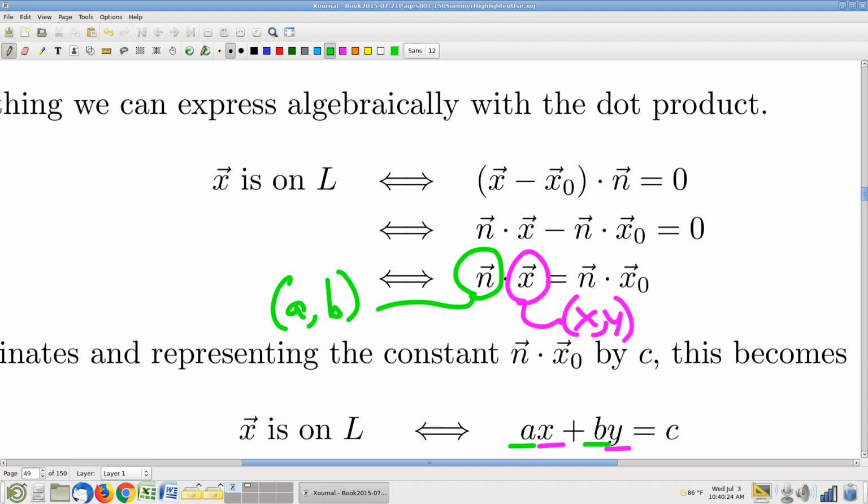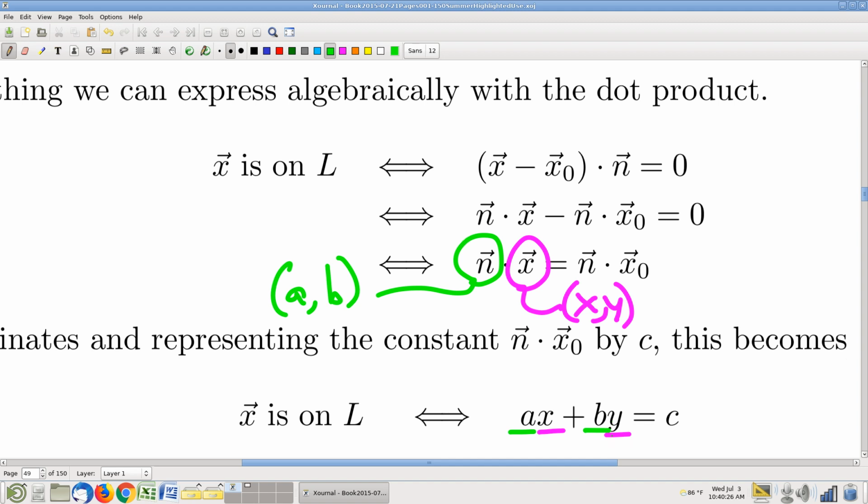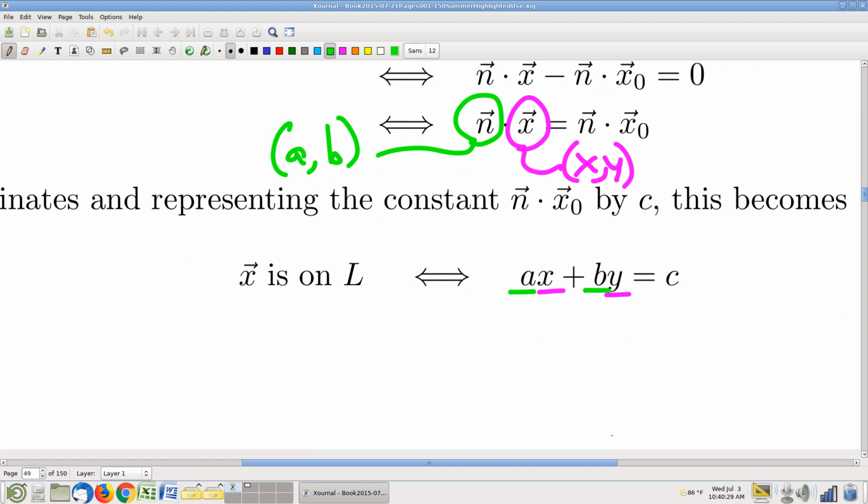Or said differently, looking at this equation, ax plus by equals c, there is a natural geometric interpretation of these numbers a and b. And again, they did not tell me this in middle school or high school. A and b can be interpreted as the coordinates of the normal vector, namely the vector perpendicular to the line. That is geometrically natural.